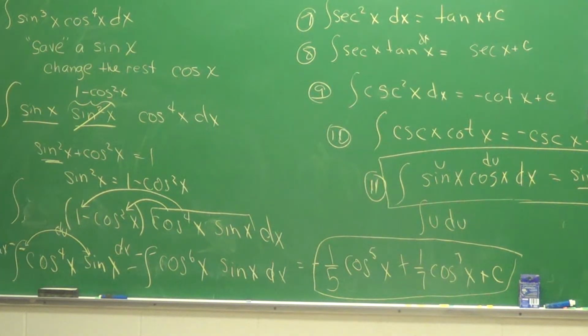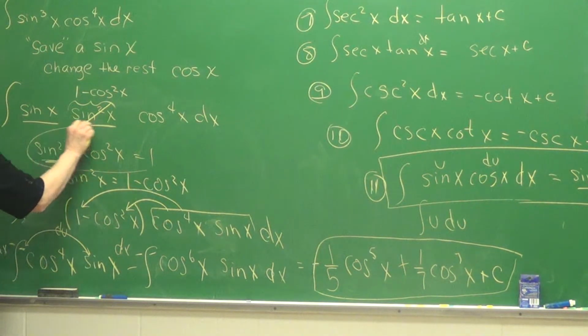So could you recap for me, Gianni, what we did to get this problem? You saved a sine. What do you mean, save a sine? Pull one out, and then distribute it with the cosine and change the remaining sines into cosines, using the trig ID. Alright, it's this trig ID every time.